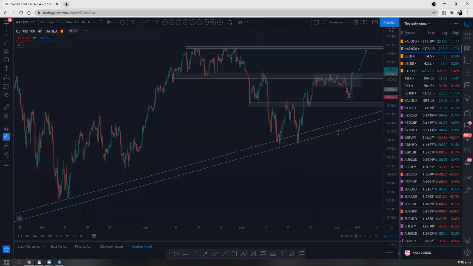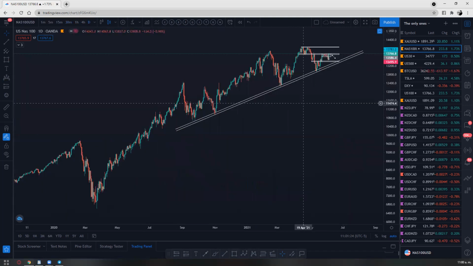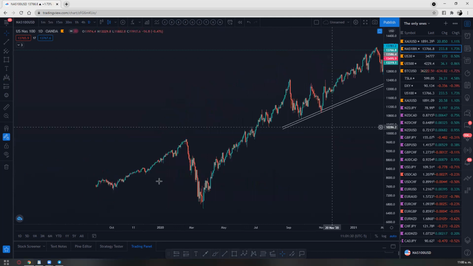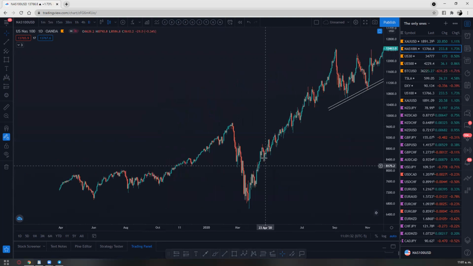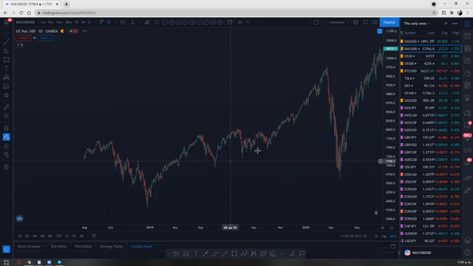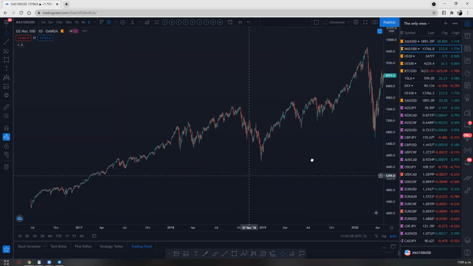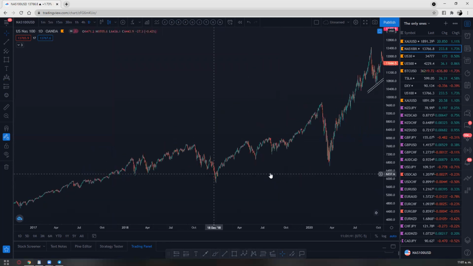You can do it and draw your lines. Now, you know that, for example, on Nasdaq, US 30, US 500, they are always pushing up. The markets are always on an uptrend, pushing up all the time. These massive drops sometimes are just corrections. These are pullbacks.